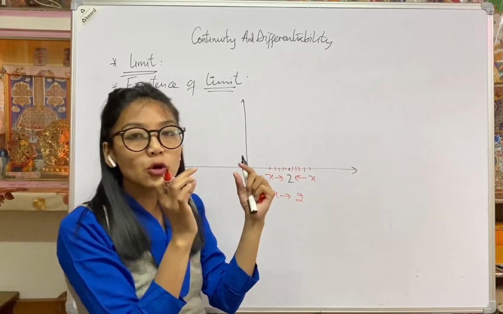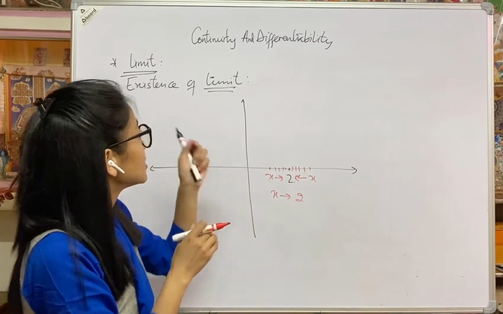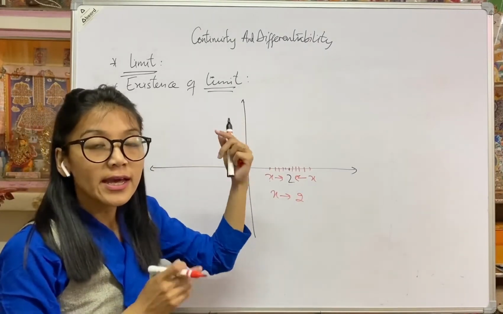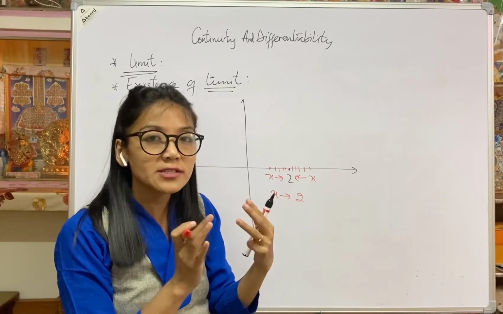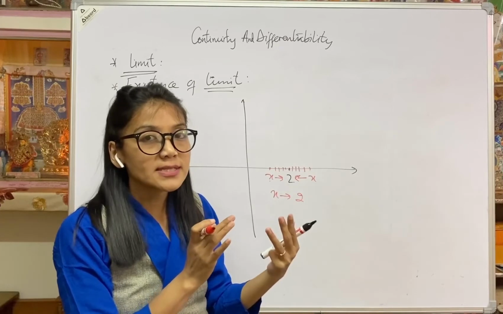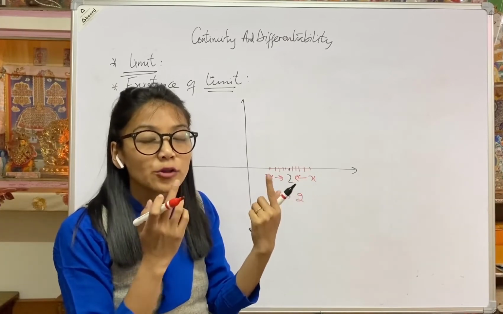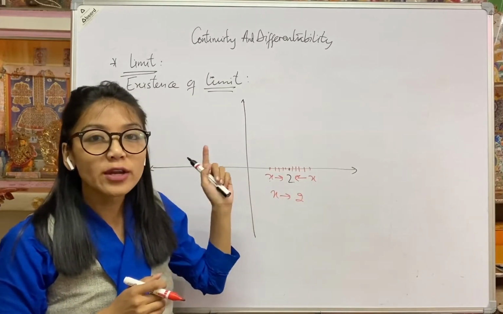If the two limits coincide, which means the two limits are equal, then we say that the limit of the function exists, right? If you get different limits, if these two limits are not the same, then we say that the limit of the function does not exist.